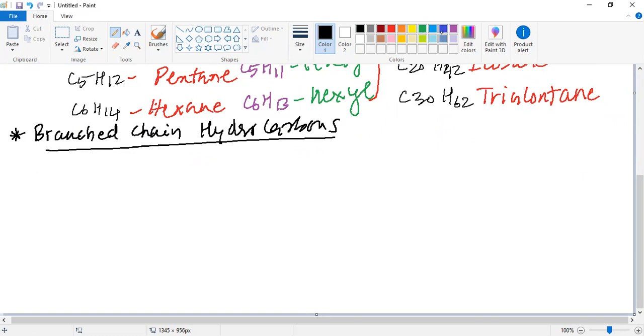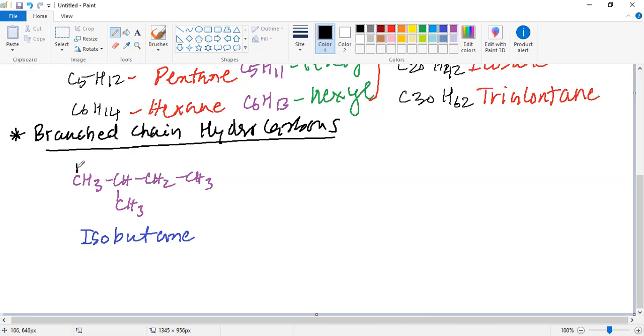See, if we have this: CH3, CH, CH2, CH3, and CH3. In the trivial name, we will call it isobutane. This is what we will call it, isobutane.